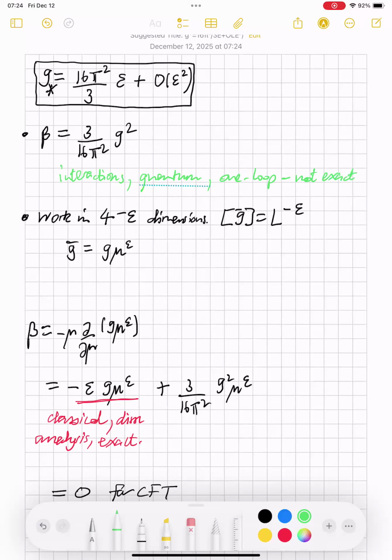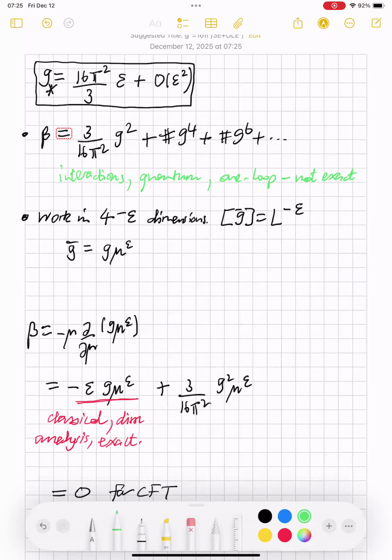So if you kept calculating, you would get all kinds of corrections to the beta function. So, for example, you might have a g to the 4 and a g to the 6, and so it would continue. So this is where we made our approximation.